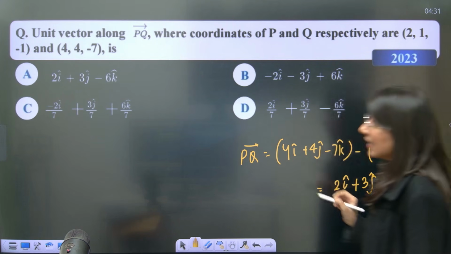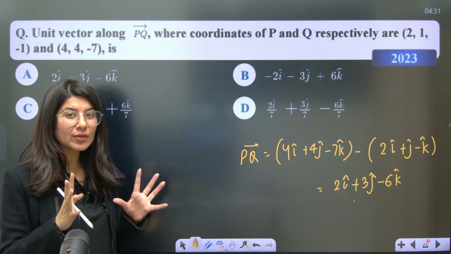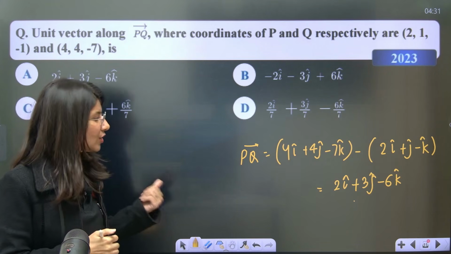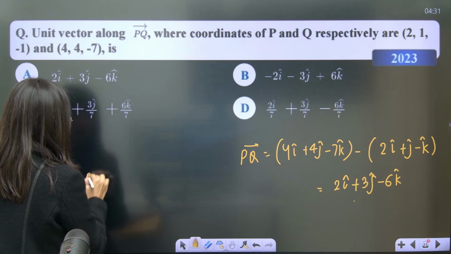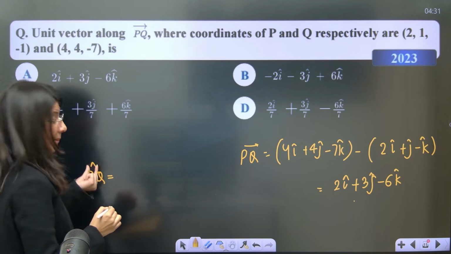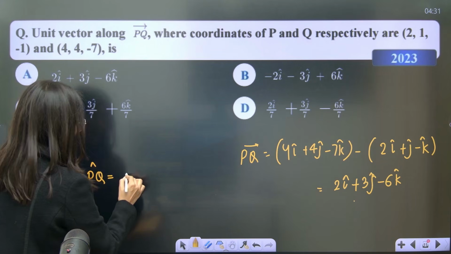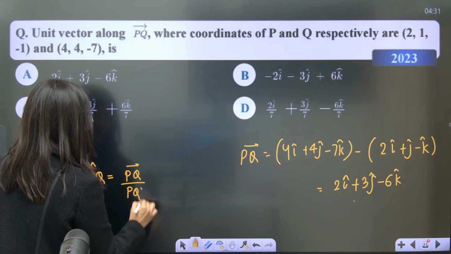Now, in the question they are talking about the unit vector. Do you know how to calculate a unit vector? We have 2i, 3j minus 6k. The unit vector definition: cap means unit vector, so PQ cap will be the PQ vector upon the magnitude of PQ.